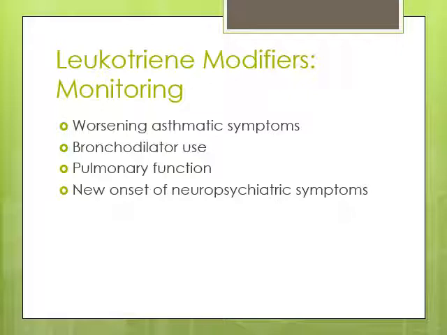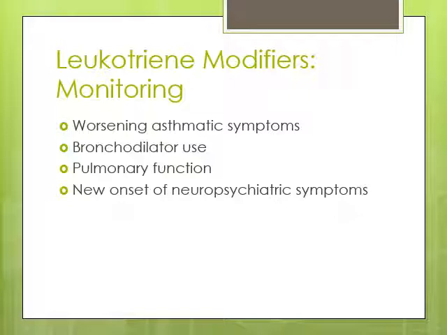With monitoring of improving or worsening asthmatic symptoms, bronchodilator use and pulmonary function is necessary to determine how well these are working. You also need to make sure that you're monitoring their pulmonary function and also new onset of neuropsychiatric symptoms.